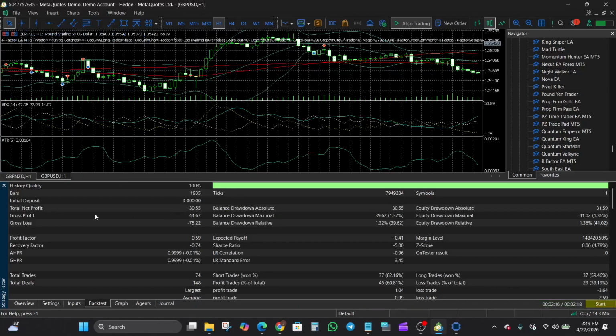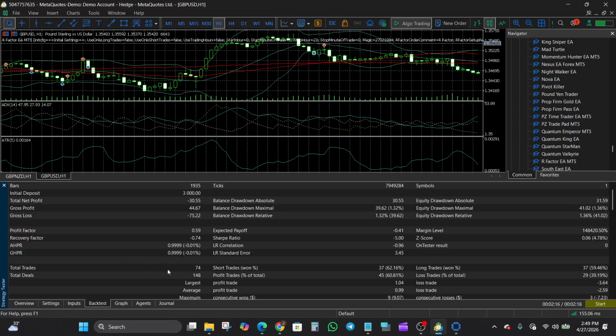So based on the results, you can see there was a total net profit of negative $30.55, which is about 1% loss from the initial deposit of $3,000. And then there are 74 total trades, 37 short trades with 62% win rate, 37 long trades with 59% win rate.